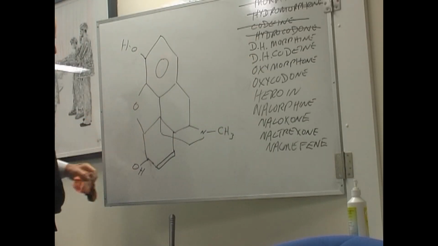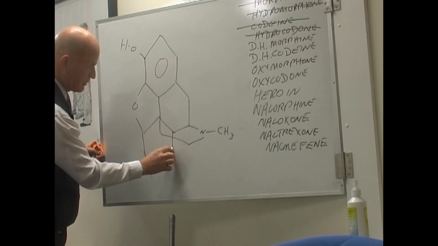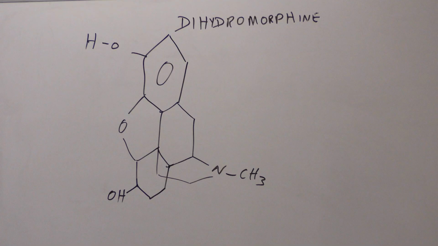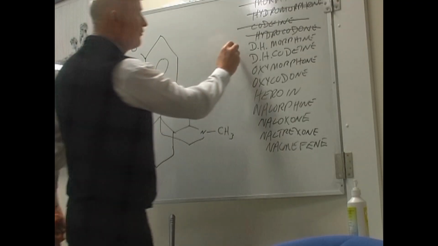So if you add 2 hydrogen ions to this, the only way you can do that is to get rid of that double bond. So if you get rid of this double bond between 7 and 8, but the molecule otherwise stays identical to morphine, then what you've produced is dihydromorphine.